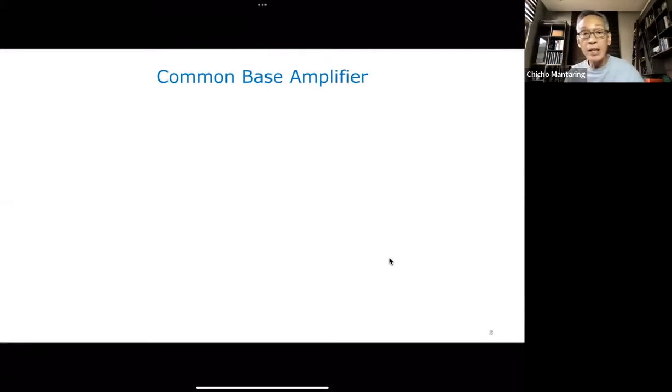Let's go to the common base amplifier. So I said that common base amplifier, your base is your common terminal. You apply your input at the emitter and you get your output at the collector. So let me draw a simple common base amplifier.